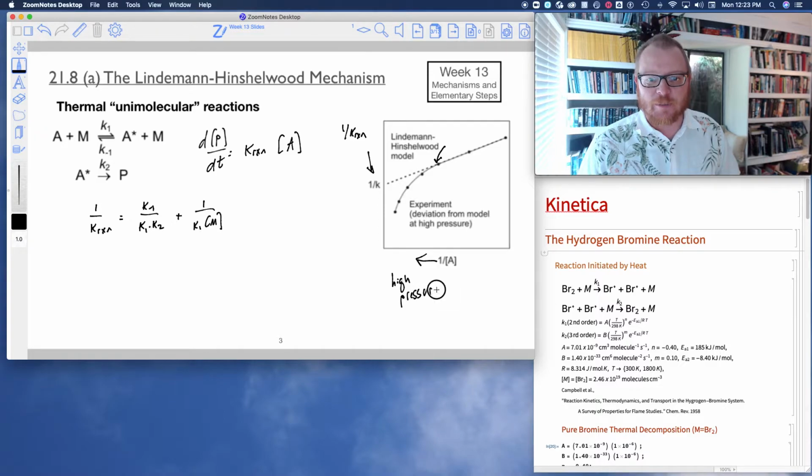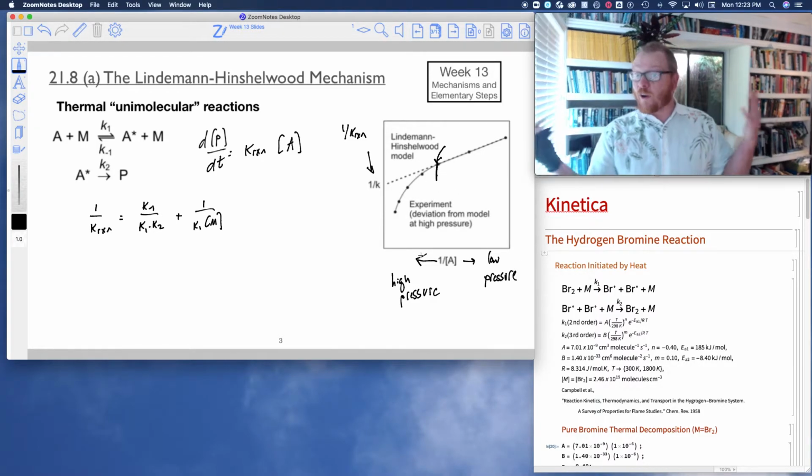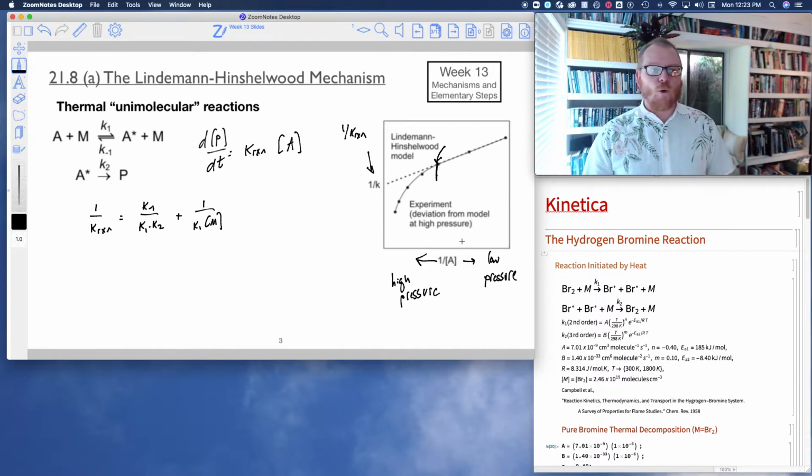So the high pressure limit goes this way, and the low pressure limit goes this way. That gives you right at the boundary where this thing kicks in. So now I've got a cool model going on here.